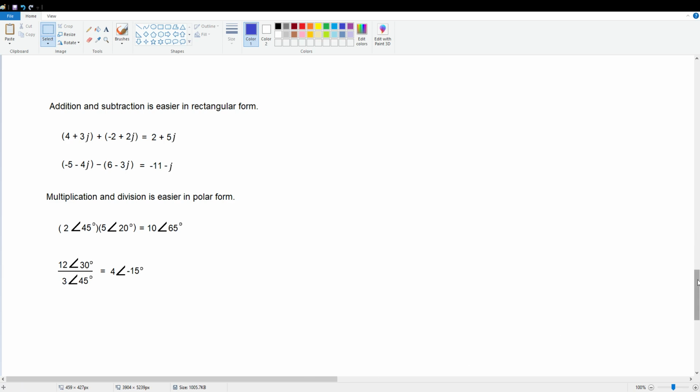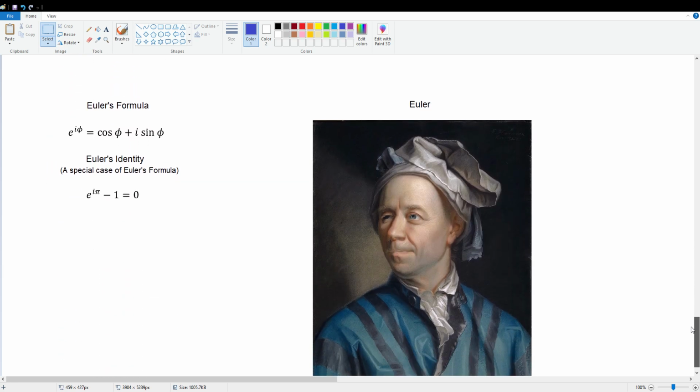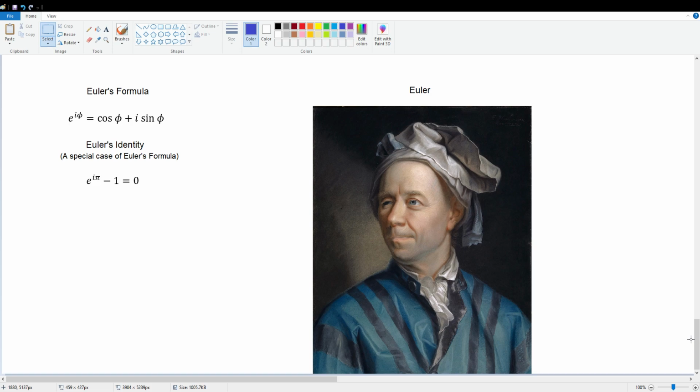And lastly, how did all this stuff get invented? Well, it was a guy named Leonhard Euler, and all of the preceding stuff I've done was fundamentally derived from Euler's formula that says e to the j phi equals the cosine of phi plus j times the sine of phi.